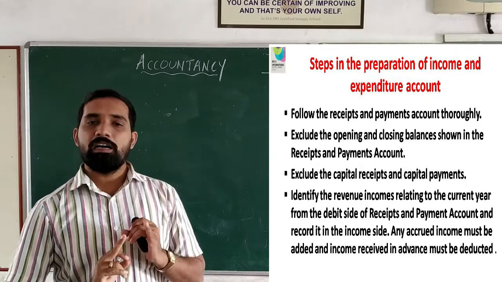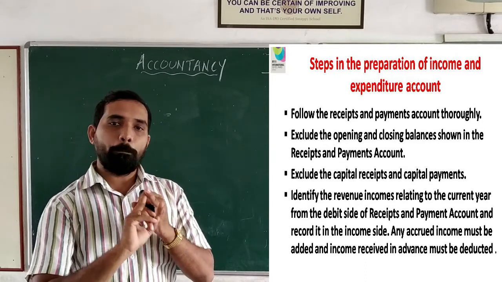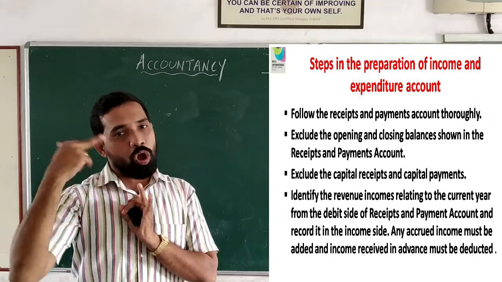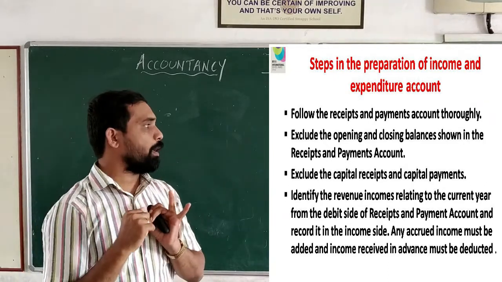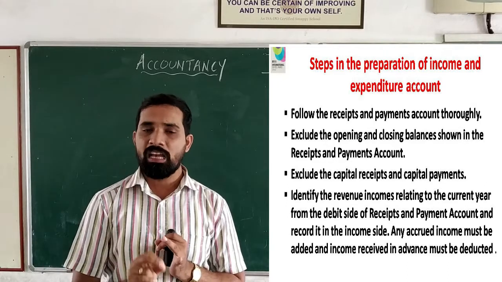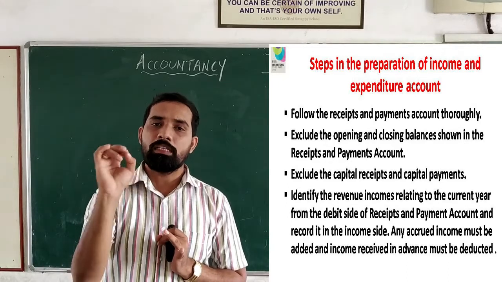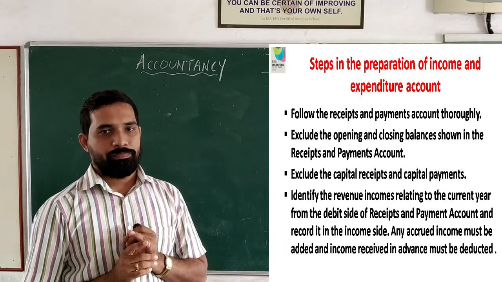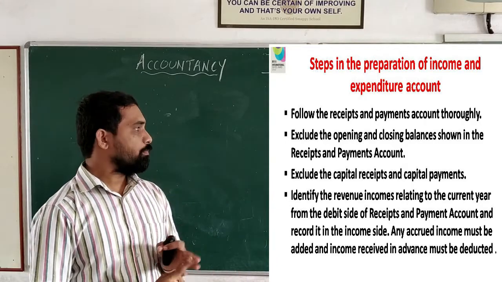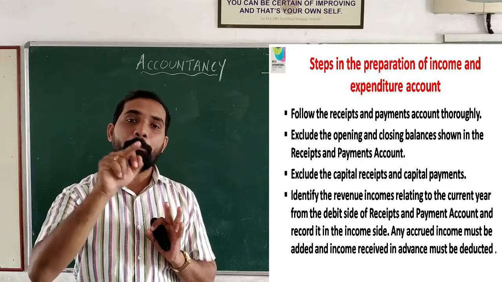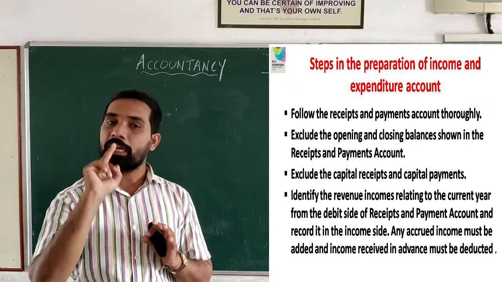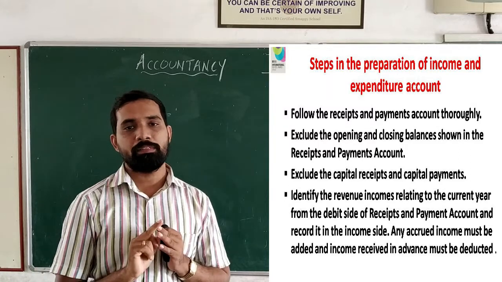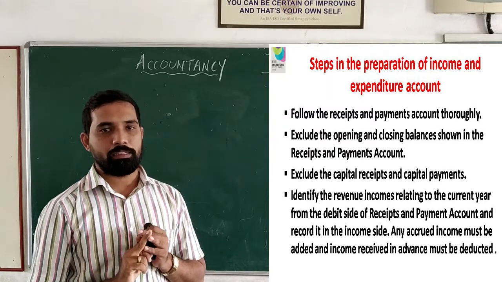Second one, exclude opening balance and closing balance shown in the receipts and payments account. That means no need to consider opening and closing balance. And then third step, exclude capital receipts and capital payments. No need to take capital receipts and capital payments.